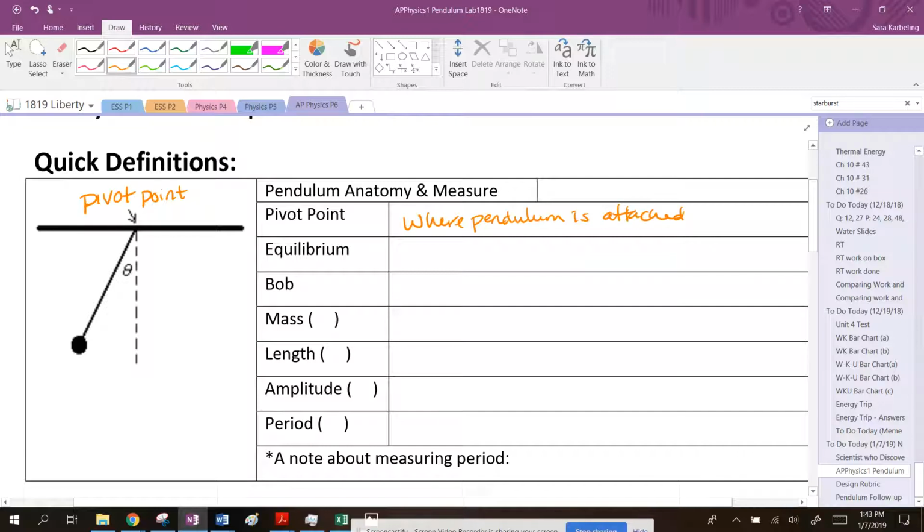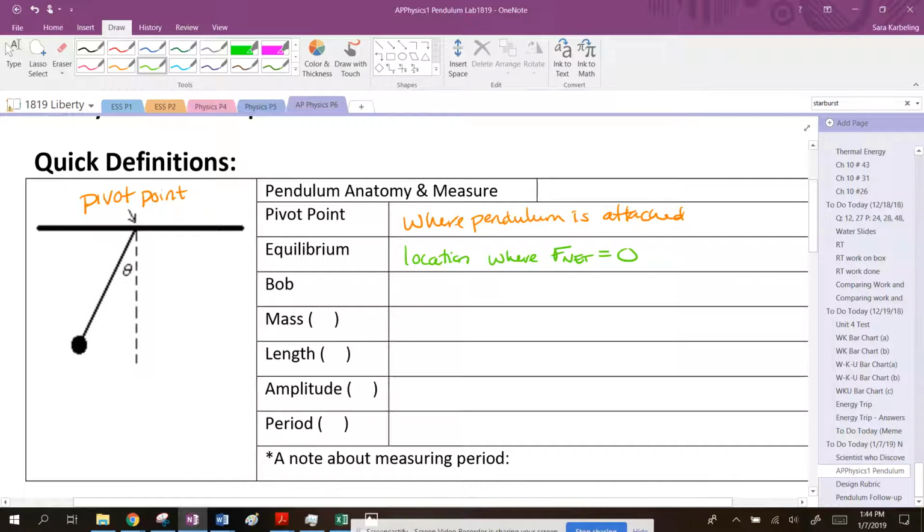Absolutely. What's equilibrium? When it's at zero. When it's at zero, when it's at rest, when its net force is what? Zero. Yeah. Equilibrium is the location where F net equals zero.